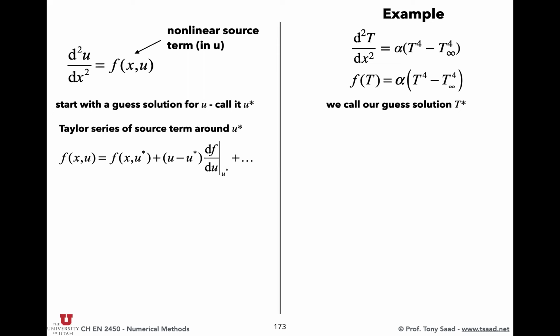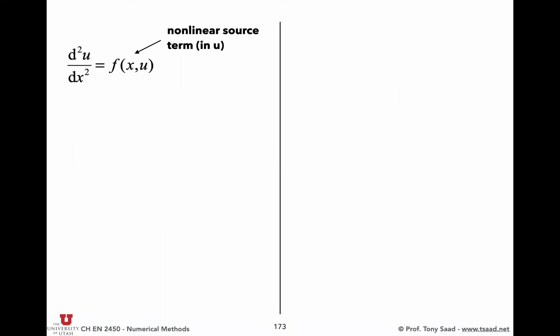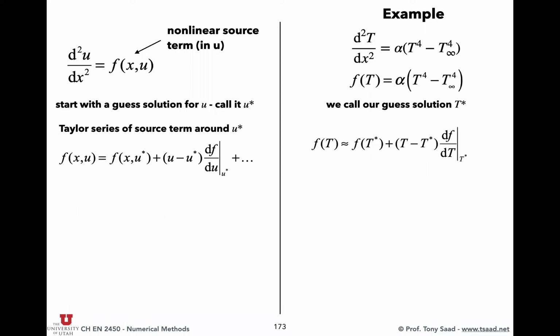At u star and so on and so forth. Now for our specific example, we don't have x in the right-hand side, so our source term is only a function of T, and this would be the Taylor series.